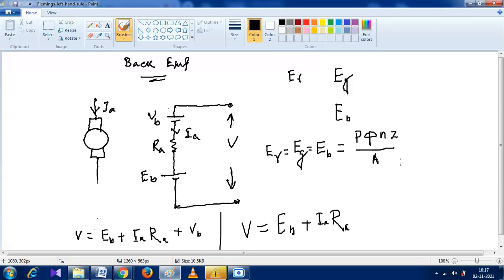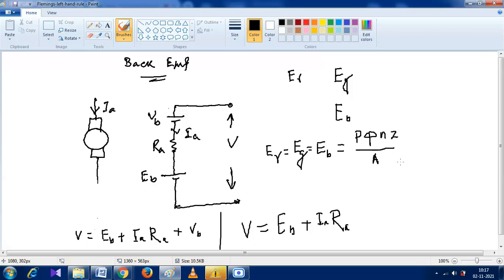That's why we say this EMF is back EMF. Actually you have to start from the operation principle. Suppose there is a magnetic field and we rotate the armature, then an induced EMF is produced on the armature. This induced EMF opposes the supply voltage. That's why this EMF is called back EMF.